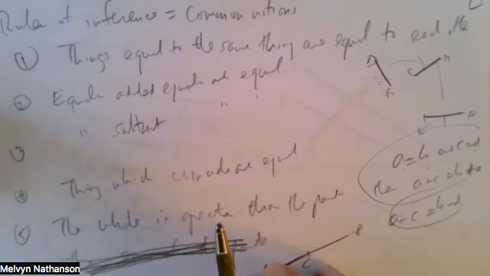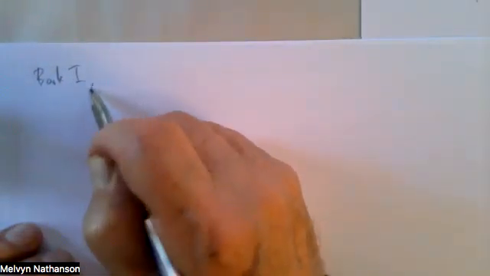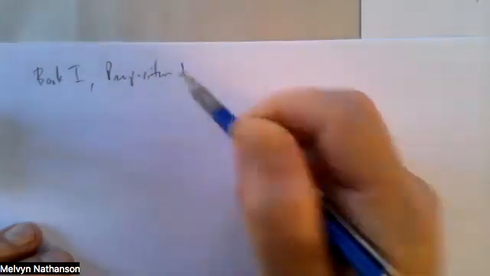Now, from his definitions, postulates, and common notions, Euclid begins to prove things. In book 1, proposition 1 says the following.